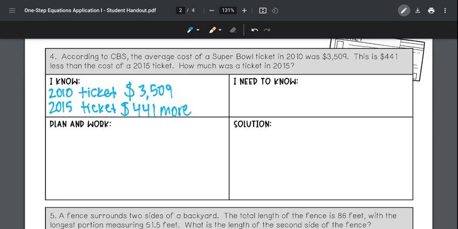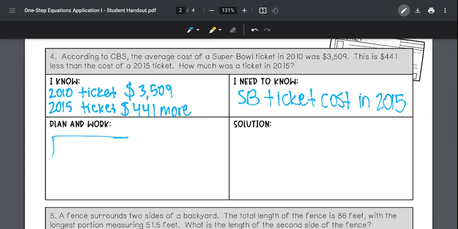We need to know the cost of a Super Bowl ticket in 2015. That's what we need to know.